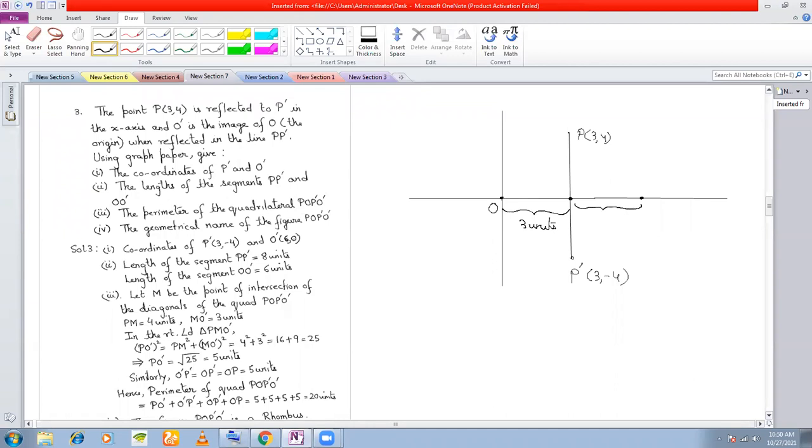So 3 units you have taken here, and this is the coordinate of the image of O that you are going to get. This is also 3 units. And what should be the coordinate of O dashed? You see that the coordinate of O dashed will be 3 plus 3, (6, 0). This should be the coordinates of O dashed.